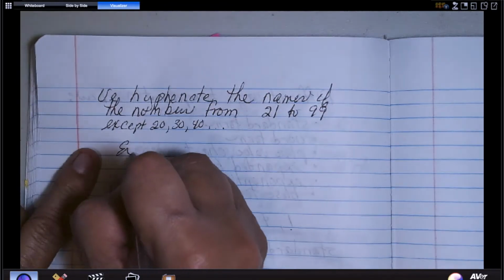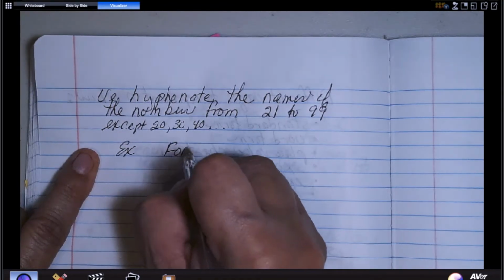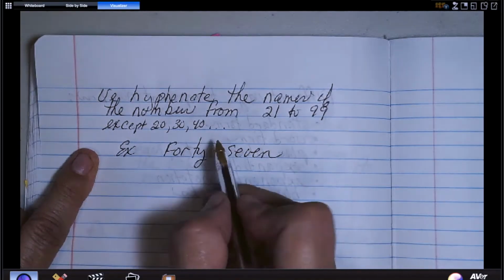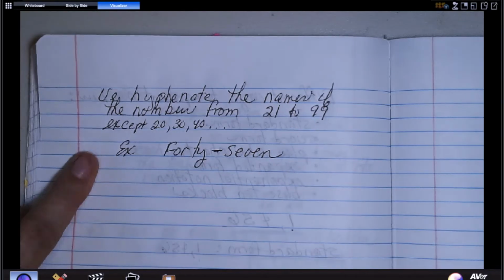So an example would be 47. Notice how we spell 40, and it has to have the hyphen.